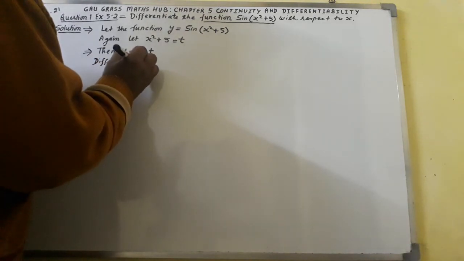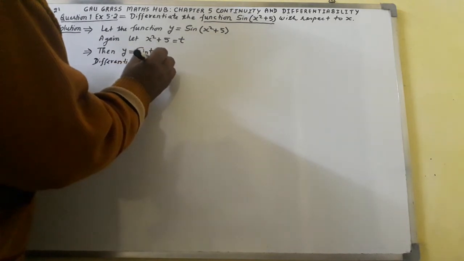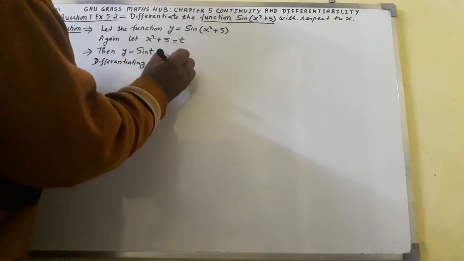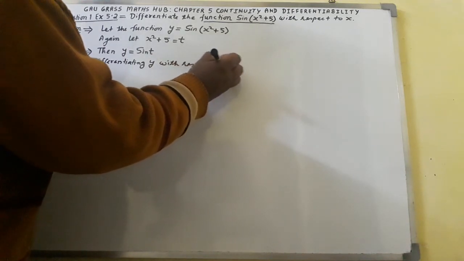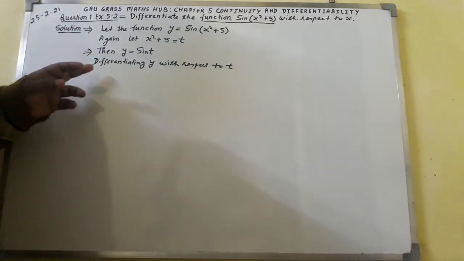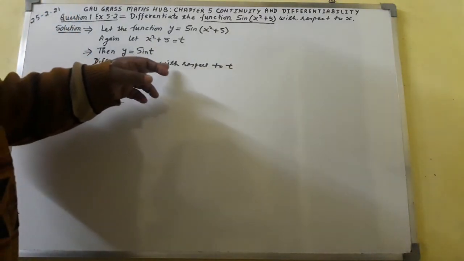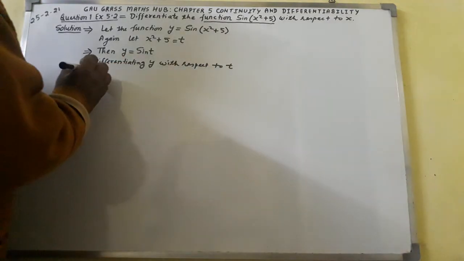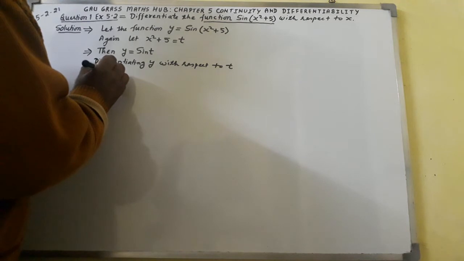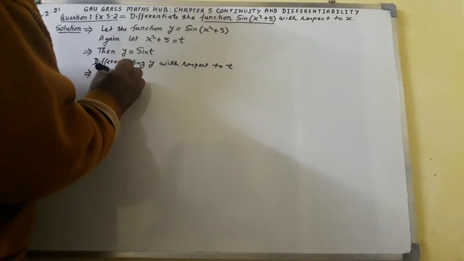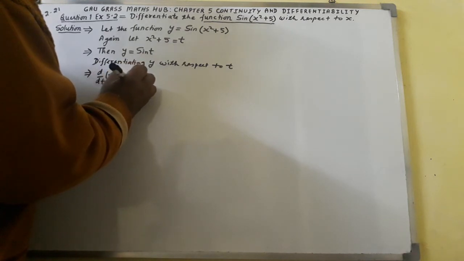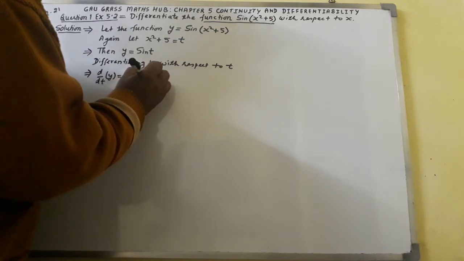Differentiating y with respect to t, it will become d over dt of y equal to d over dt of sin t.